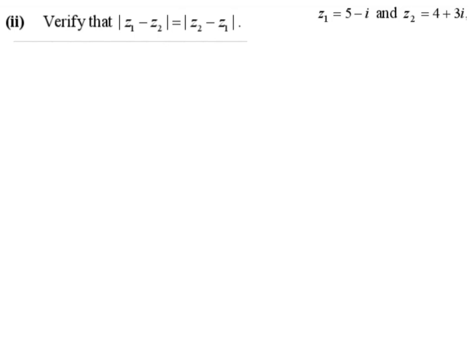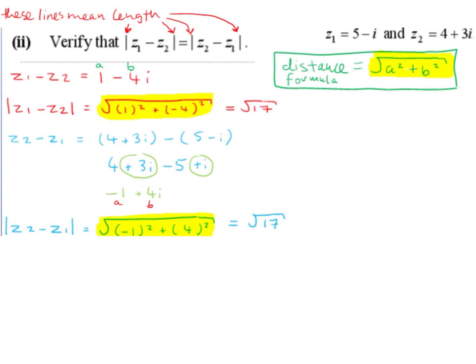Part 2: verify that the modulus of z1 minus z2 is equal to the modulus of z2 minus z1. In the last question, we worked out z1 minus z2 to be 1 minus 4i. So we're going to use our modulus formula, or distance formula, which is the square root of a squared plus b squared.